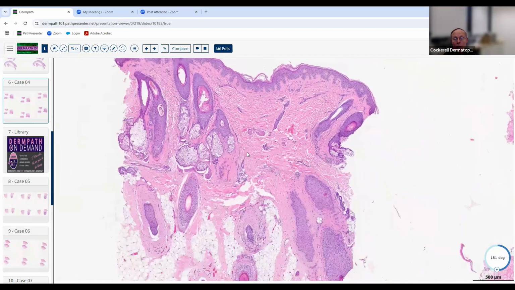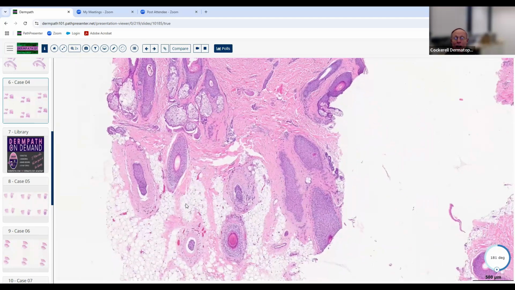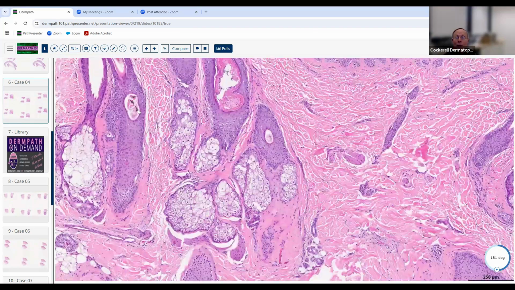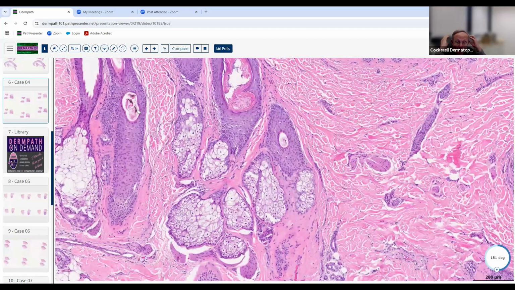And another situation where we see that is in patients that have alopecia areata. Trichomalacia should not be seen in alopecia areata that hasn't been manipulated. But we commonly see secondary trichotillomania in patients that have alopecia areata for that very reason. Oh my God, my hair's falling out, and they reach up and they start twisting and pulling it out themselves.